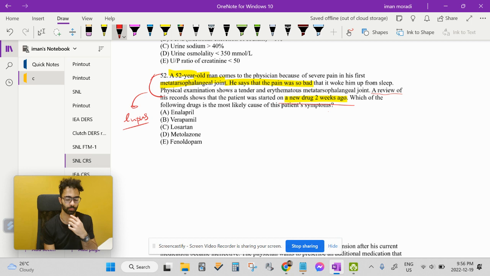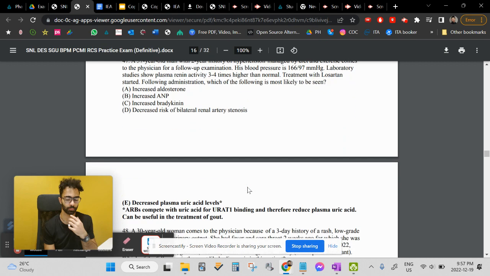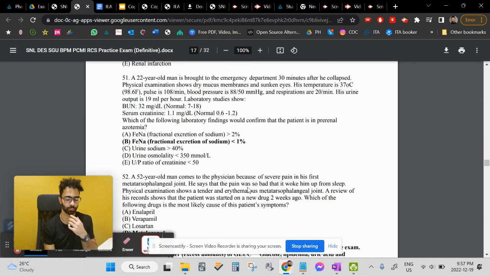I don't know if you know what pseudogout is. It's calcium pyrophosphate. I think pyrophosphate is two inorganic phosphates binding together. And this is a calcium phosphate crystal. So when you have hypercalcemia, you get this. And what causes hypercalcemia? A thiazide diuretic, and D is a thiazide diuretic. This is a long shot for me, guys, but that's what I think it is.